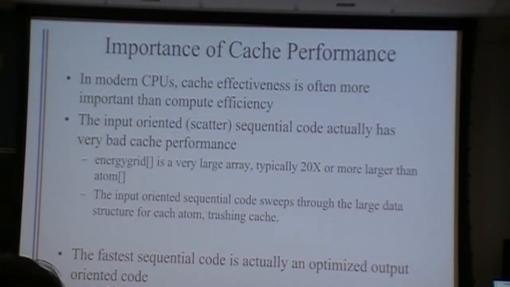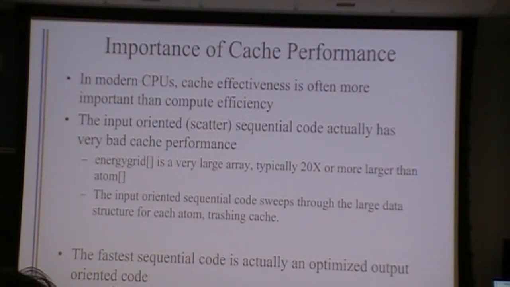So when we're writing CPU code, often when we're thinking about performance, the most important thing is whether we're using the cache effectively, not really whether we're creating twice as many floating point operations as we need to. That is much less important than whether we're using the cache effectively.